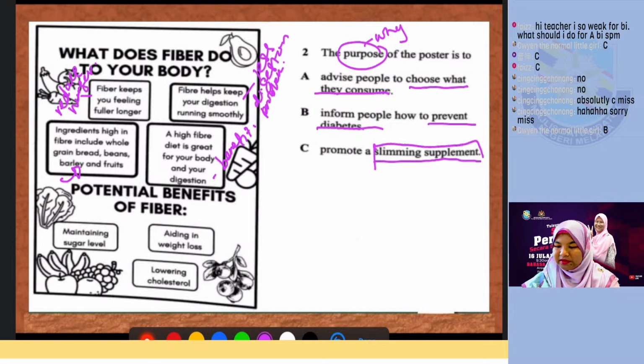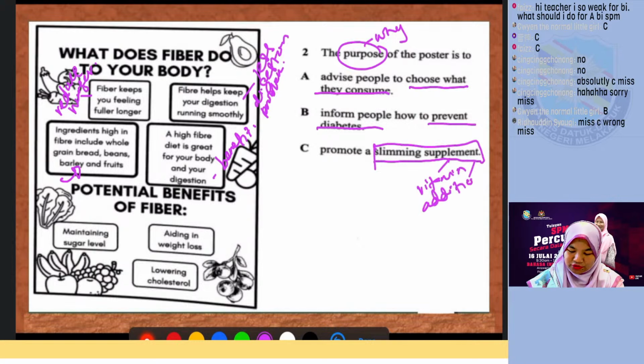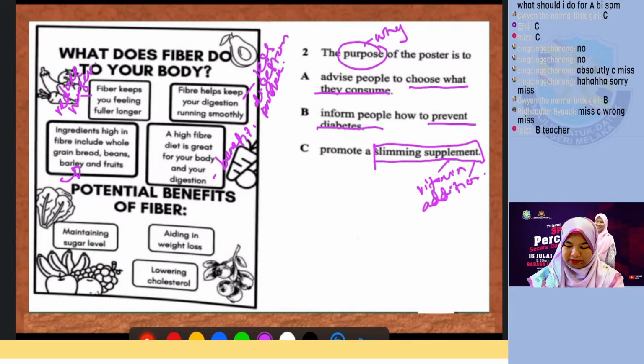Is there any slimming supplement mentioned here? Yes, Ridauddin, C is wrong. Why? Because a slimming supplement is not even mentioned here. A supplement can be in terms of vitamins, an additional nutrition for you. So C is obviously wrong.